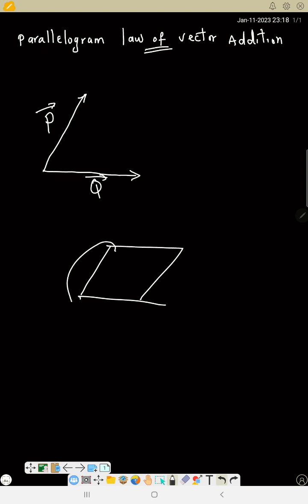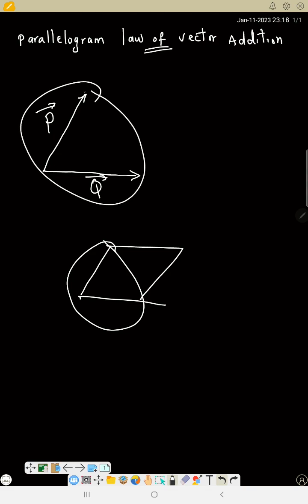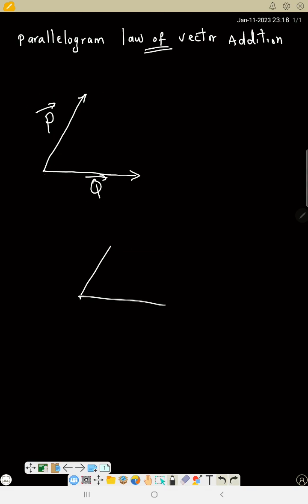So that means these two vectors here are represented by the two adjacent sides of a parallelogram in magnitude and direction, as you see the arrowhead here.